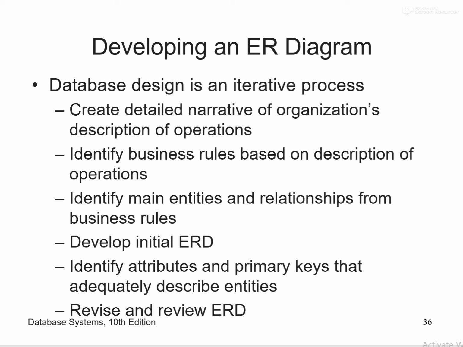Then by using the business rules, we need to find out the entities and relationship between those entities, and when we have identified entities and relationship, based on that we can develop our initial ER diagram, and then we have to identify attributes for the entities, and then from the attributes we have to choose the primary keys that have a characteristic of uniquely identifying each entity instance.